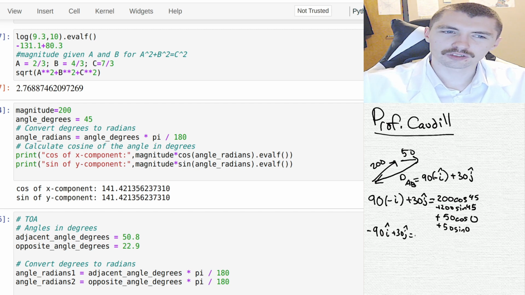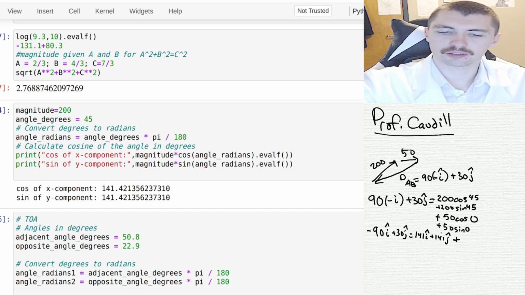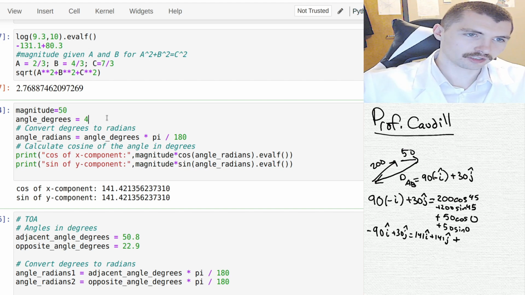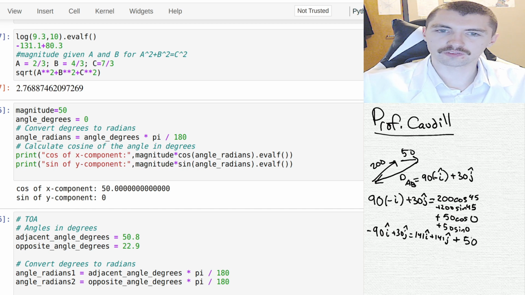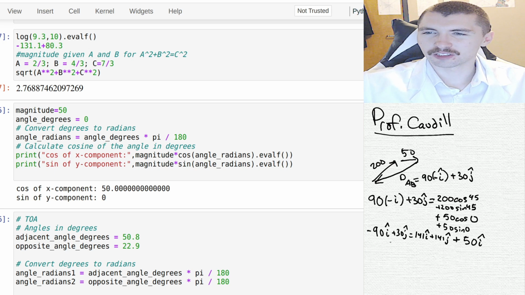Equals 141. So that'd be i. And 50, 0 plus 50 i. Okay, so I'm wondering if we can find out what i is.